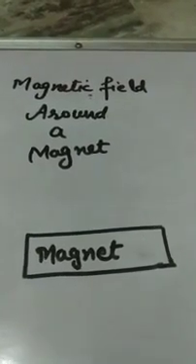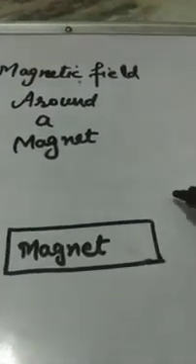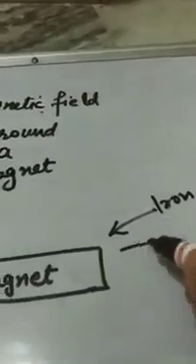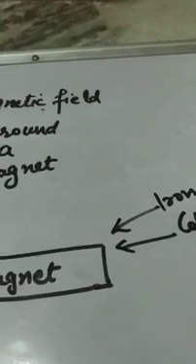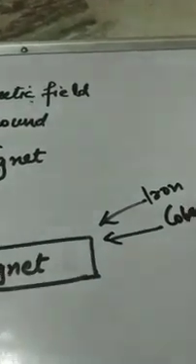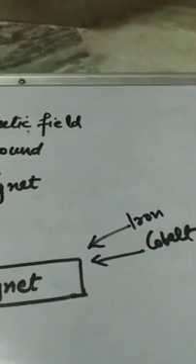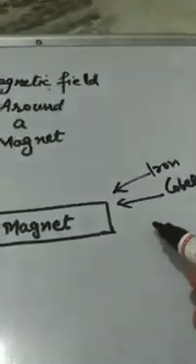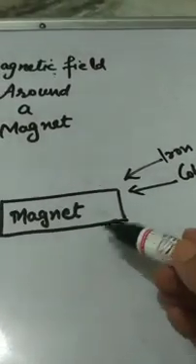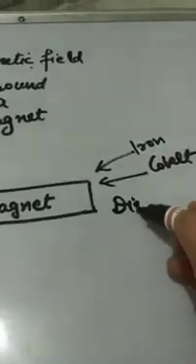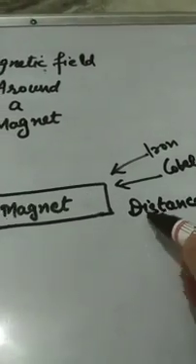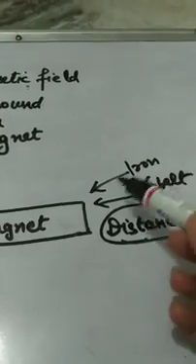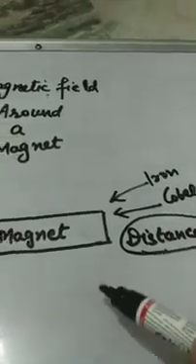Magnet, we know it attracts iron, cobalt, and many other magnetic material without coming in contact with them. From a distance, it attracts magnetic material toward it.